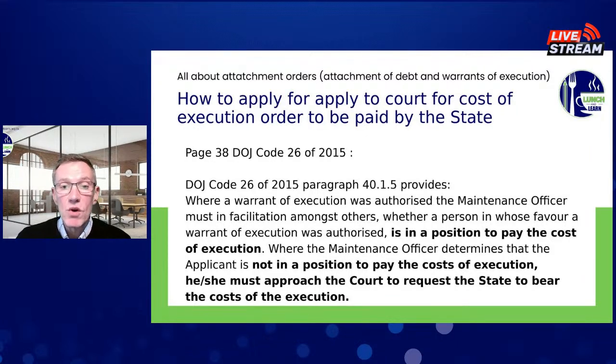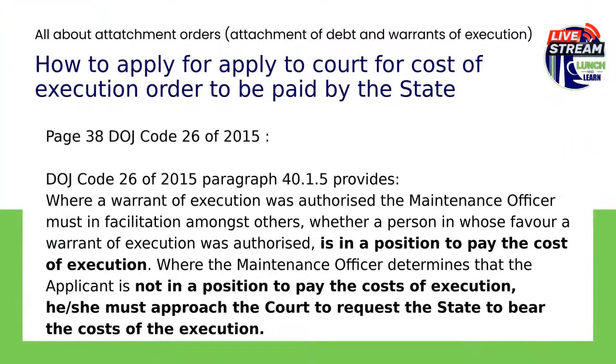warrant of execution was authorized by the maintenance magistrate, then the maintenance officer should inquire from the parties if they are in a position to pay the cost of the execution. Now, like I said, in a normal instance, these type of executions could run into a couple of thousands of rands if there is quite a lot of immovable or movable property that needs to be attached.